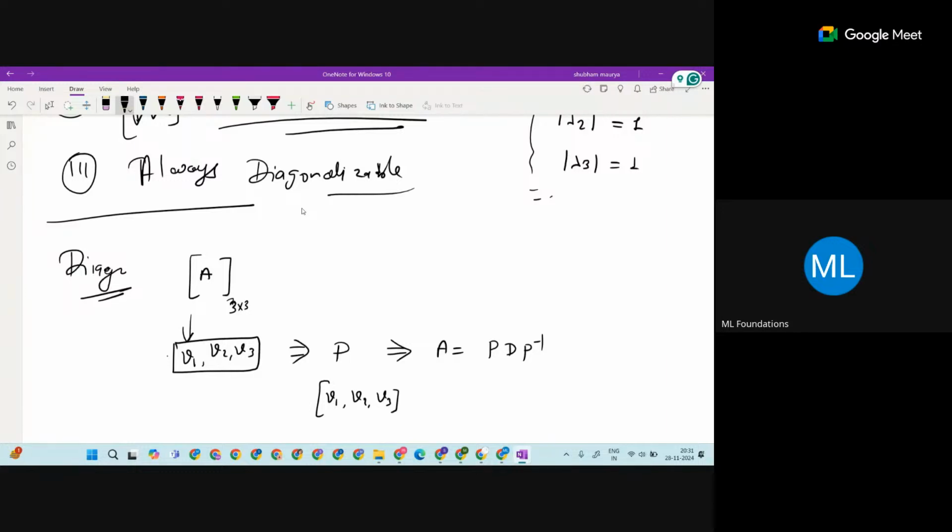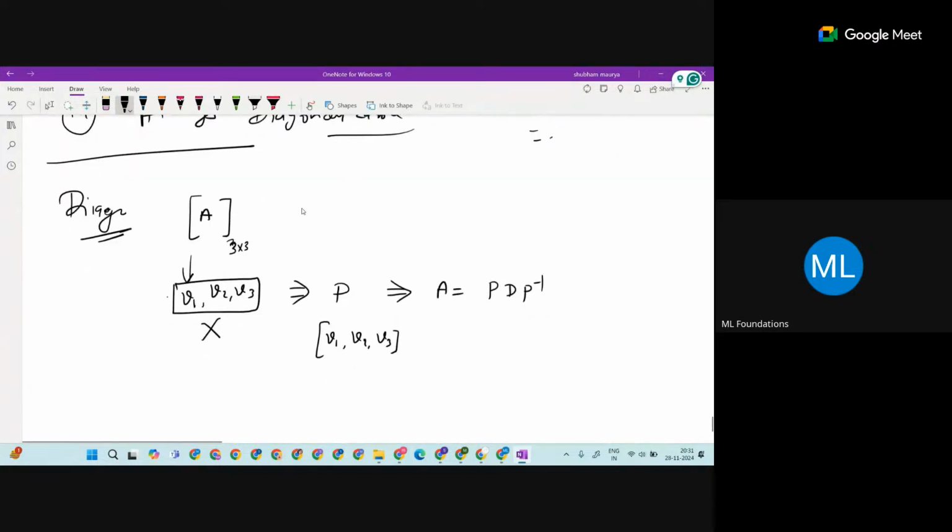If by chance you are not able to get all 3, then the matrix is not diagonalizable. In one word, that is the meaning of diagonalizability. If you are able to get 3 independent eigenvectors, you are done; if not, then no. And D has the eigenvalues lambda 1, lambda 2, lambda 3 on the diagonal, and the rest are all 0.